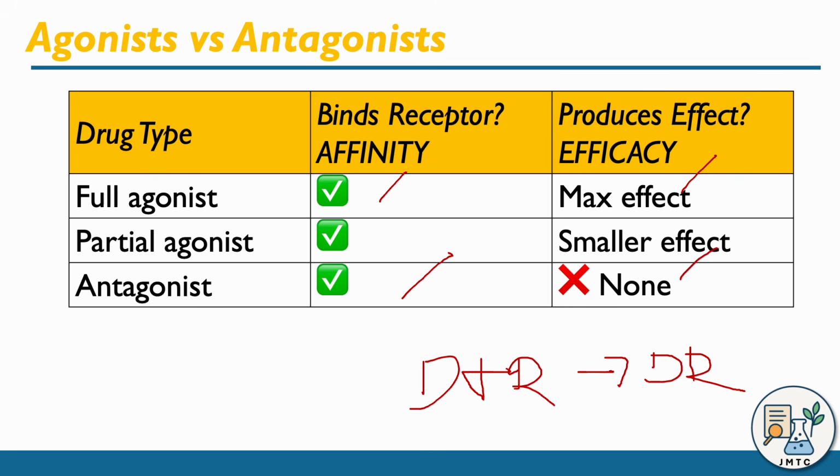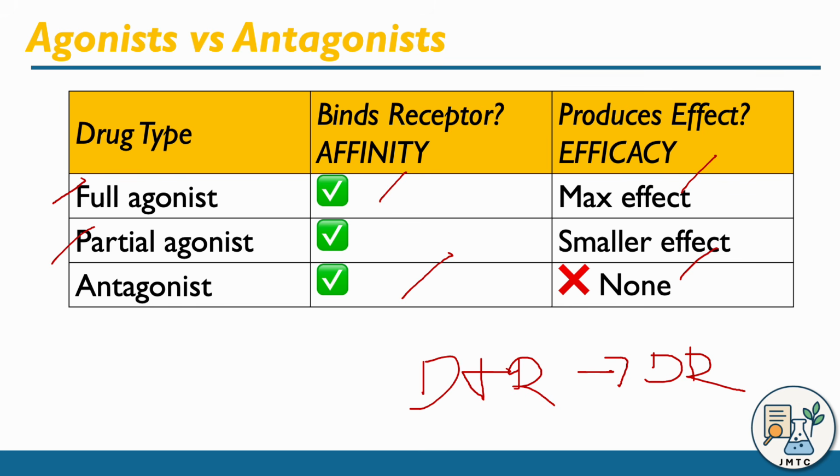Comparing full agonist and partial agonist, there's a maximum possible effect. Just like epinephrine, salbutamol. So, laging meron tayong light switch fully on. Meron tayong partial, sabing partial natin, it binds the receptor but produces a smaller effect even at high dosage. So, yung light dito natin, hindi full, very dim lang.